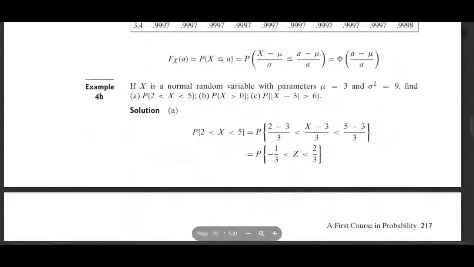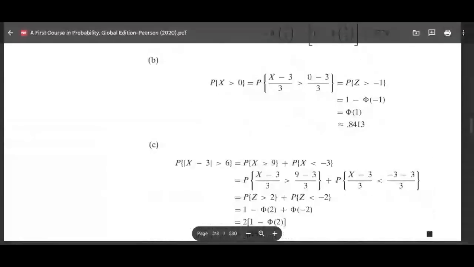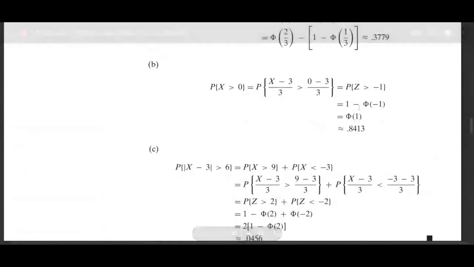So greater than -1 is 1 minus this -1, which is 84%, right? If we use the empirical rule, we have 68% plus 13.5, 2.5, 13.5, 2.5, that's about 16. 68, 16, 84%, right? So it's about the same.